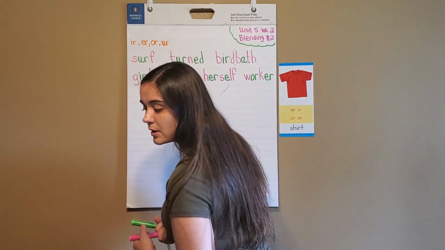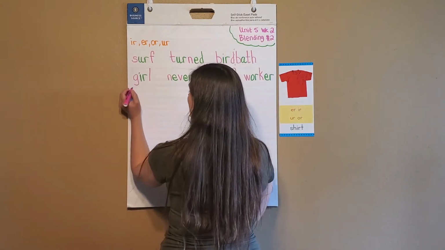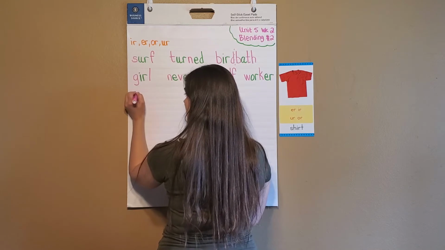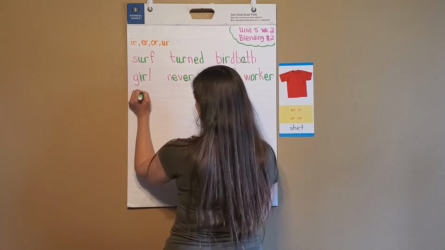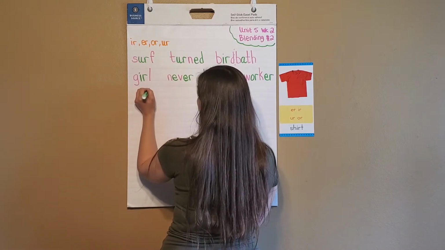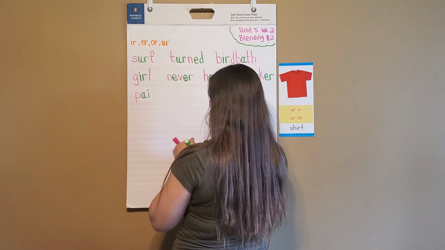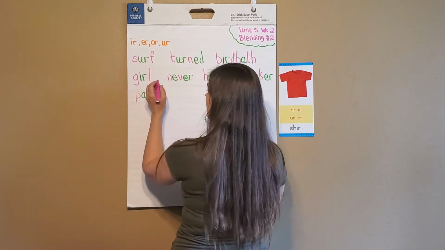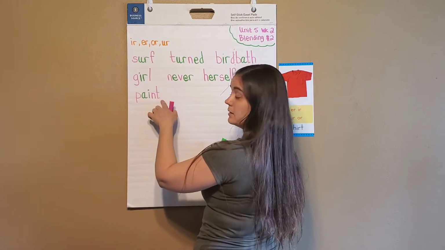Wonderful, thanks so much. All right, next word, painter. So P says pa. A little bit of review here. AI is going to say that long A, and N says n, and then we can put NT together to make nt.